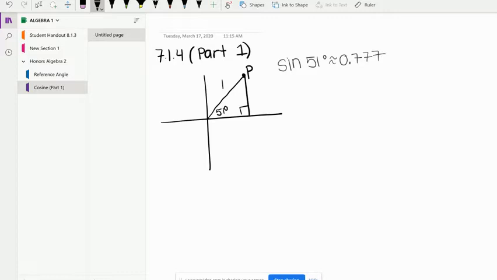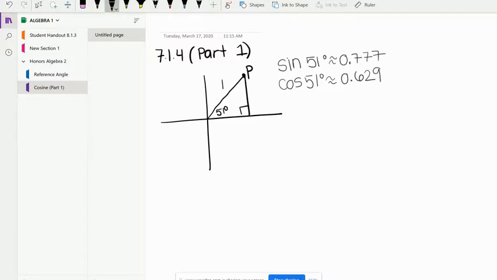the cosine of 51. So we can find the cosine of 51 degrees. And so again, you can plug that into your graphing calculator, and you should get 0.629.